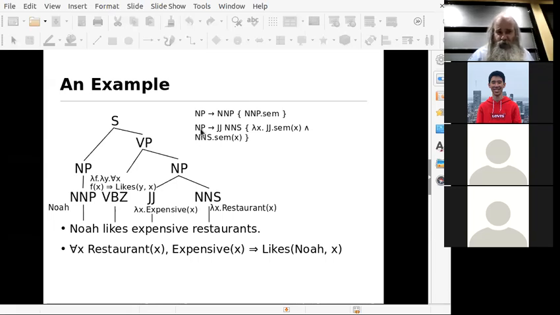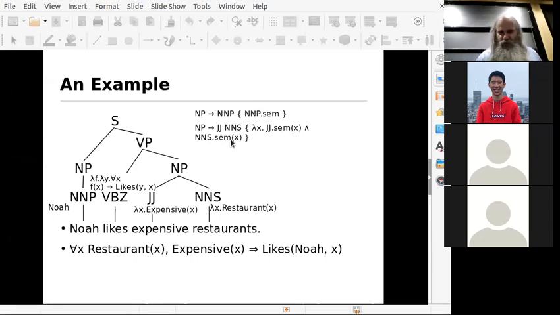Likewise, we're going to have other forms of NP where we have an adjective and some other noun. What we can say is that the semantics of this is whatever the representation abstracted from the adjectival form and whatever the semantics of the NNS actually is.